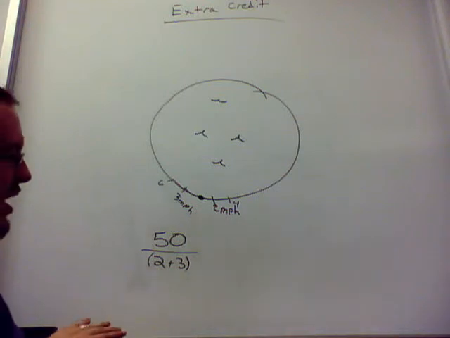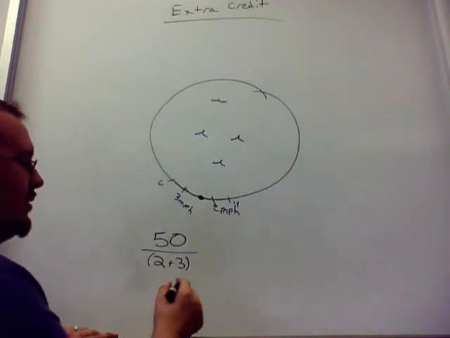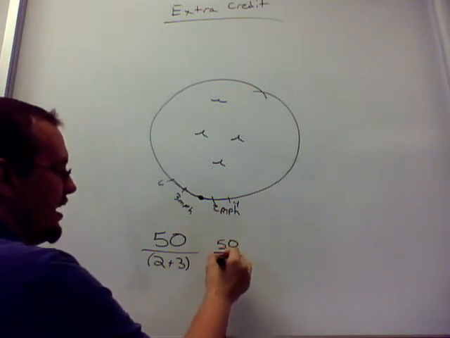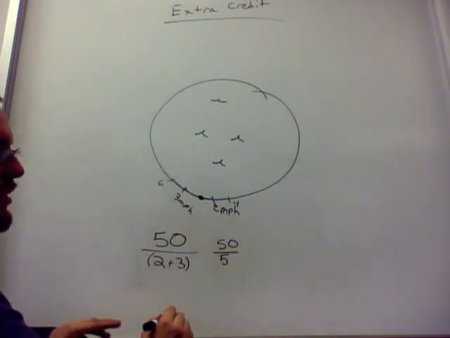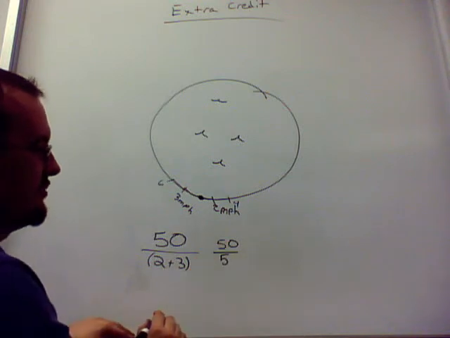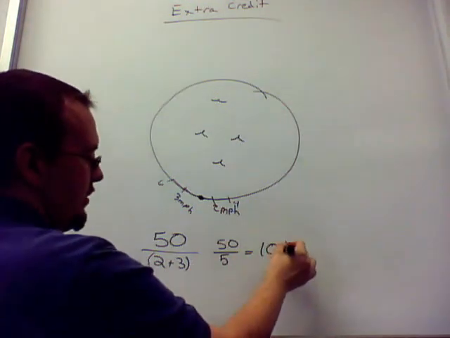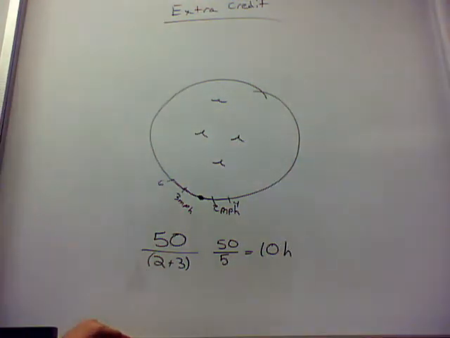So how many hours will it be before they meet? Oh, that's 50 over 5, because they go 5 miles per hour, and this is 50 miles. So then that'll come out to 10 hours. Wow. Jordan and Sydney are actually walking for quite a while. That's a lot longer than what I expected when I originally brought up this problem.